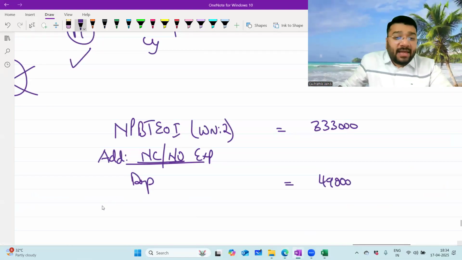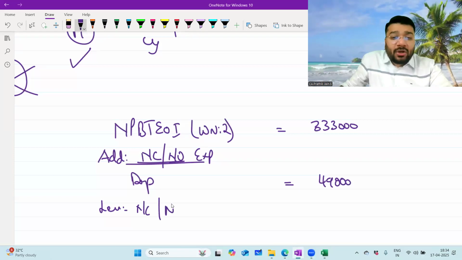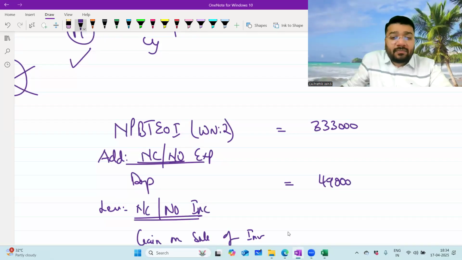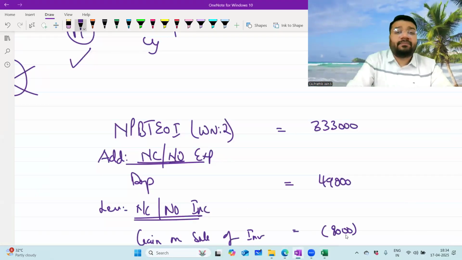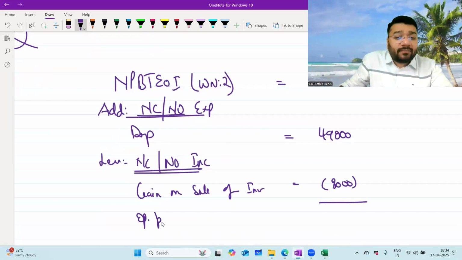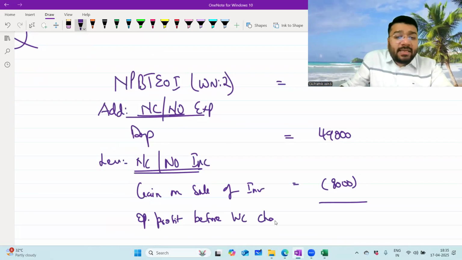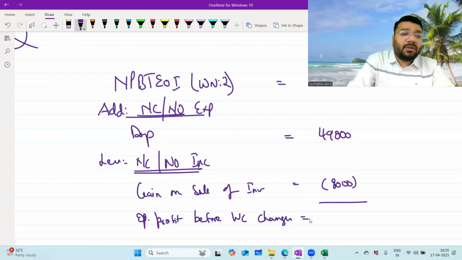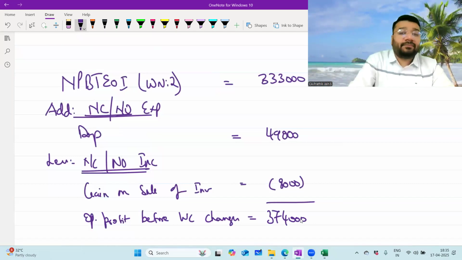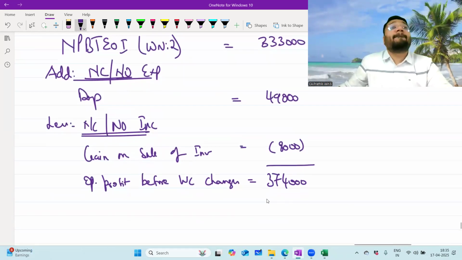No. Then less non-cash and non-operating income, which is gain on sale of investment, 8,000. That's all. What is your operating profit before working capital changes? 3,74,000. Then next is what?